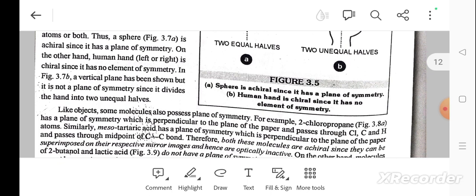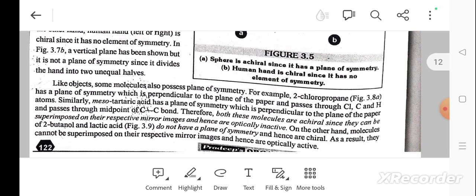For example, 2-chloropropane has a plane of symmetry which is perpendicular to the plane of paper and passes through the Cl, C and H atoms. Similarly, meso-tartaric acid has a plane of symmetry which is perpendicular to the plane of paper.